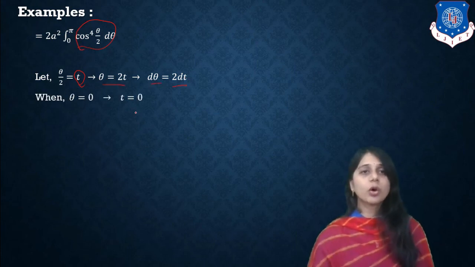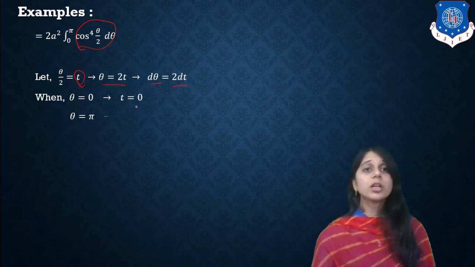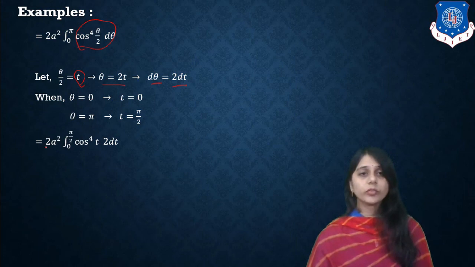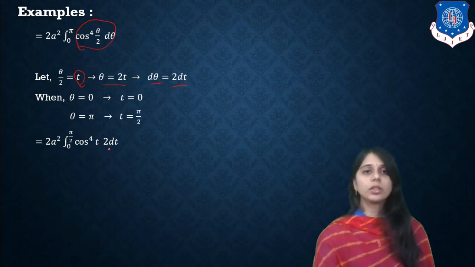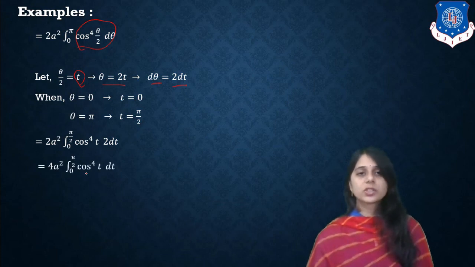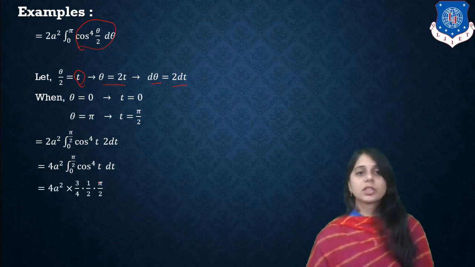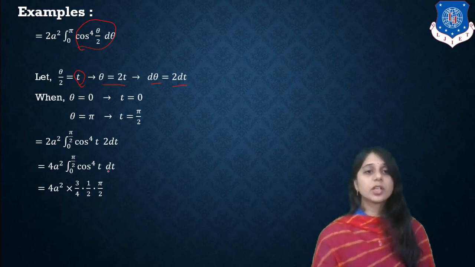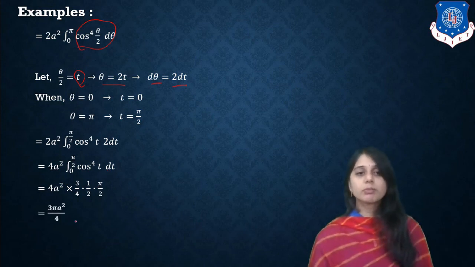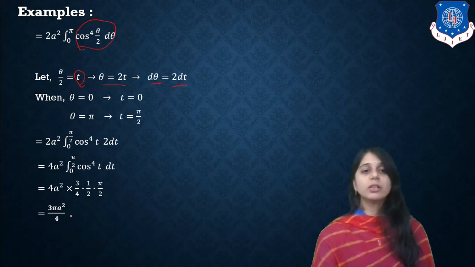We convert cos raised to 4 of theta by 2 into the normal formation. So we get 2a square, from 0 to pi by 2, cos raised to 4 t times 2 dt, which is 4a square, from 0 to pi by 2, cos raised to 4 t dt. So 4a square times 3 by 4 into 1 by 2 into pi by 2. It is a formation of the reduction formula. So we get 3 pi a square by 4.